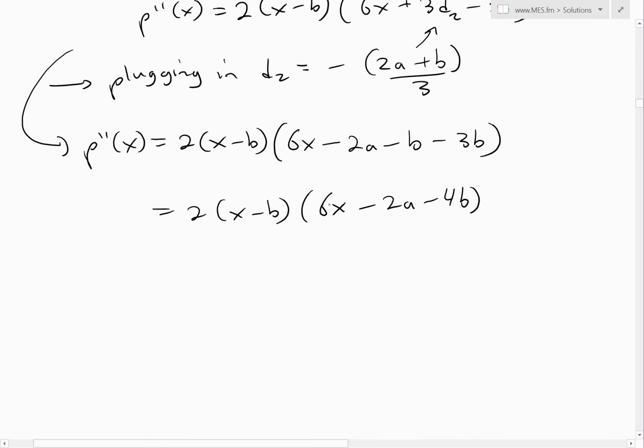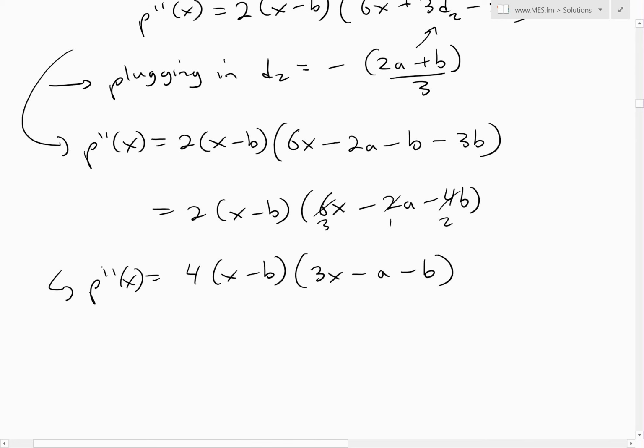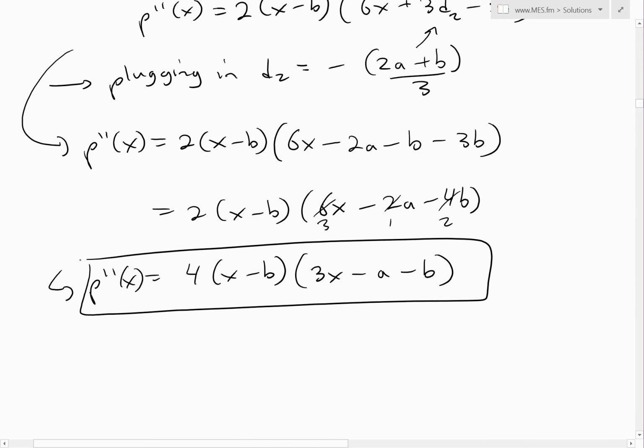And then take the 2 out, this was 3, this is 1, this is 2, this equals 2, 4x minus b, 3x minus a minus b. And that is what our p double prime of x equals for the right side.